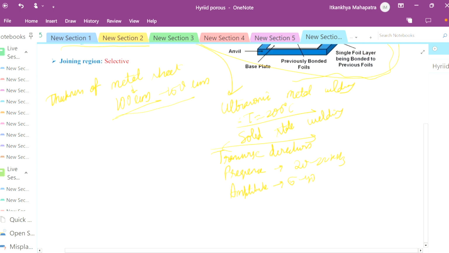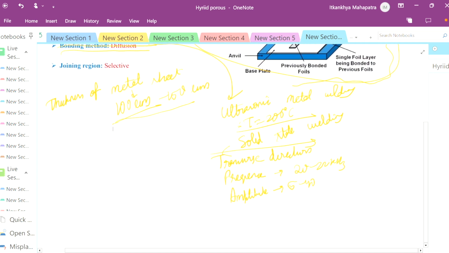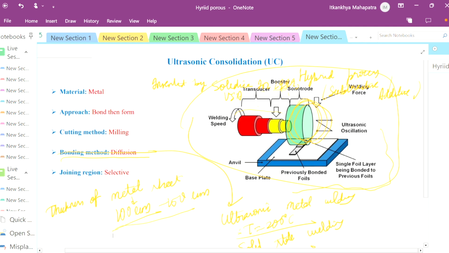We discussed the vibration amplitude and the entire schematic: how we use the transducer booster to increase amplitude, and how the oscillation occurs and further gets converted to displacement.